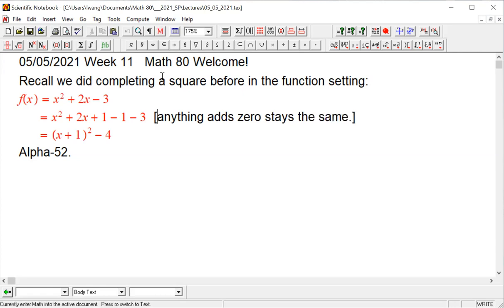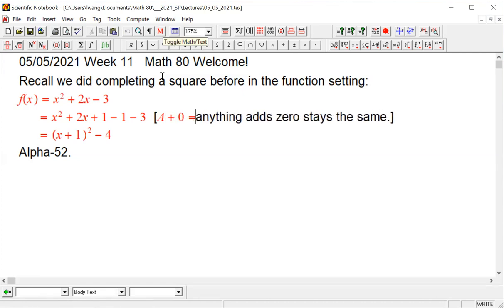I.e., if you take any number, you add 0, it's still going to be the same number. Okay, anything add 0 stays the same. So any number add 0 is still the same as this number. Okay, so that was the principle we used.